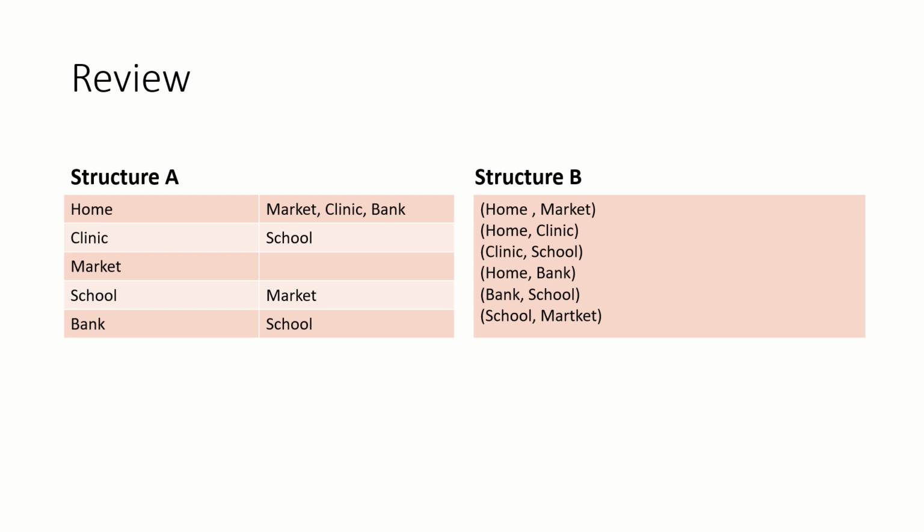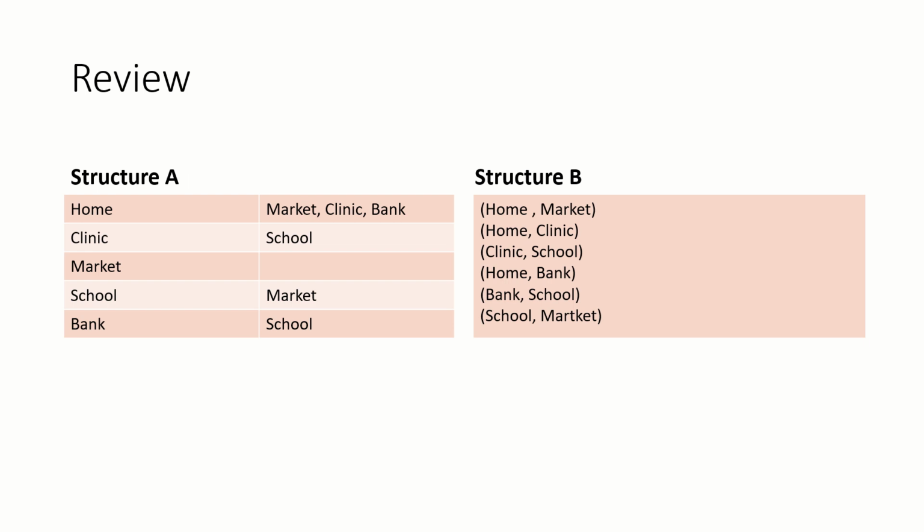Okay, so in Monday's class we talk about two different structures, right? To find the route from one location to another one. So these two different structures, they may perform differently for you.